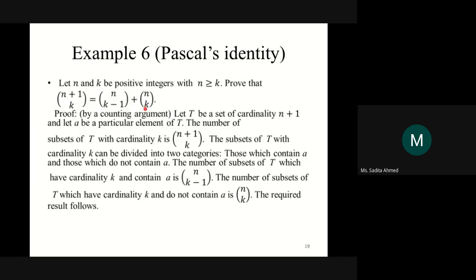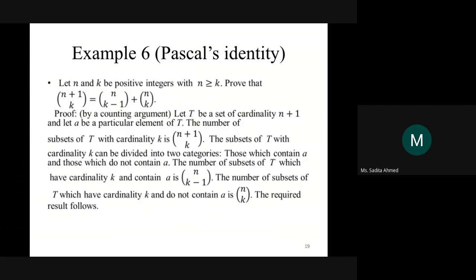First, we will assume the existence of a set T which has n plus 1 elements in it. Okay, let's assume there is a set T which has in total n plus 1 elements in it. And let's assume that there is a particular element A in this set.